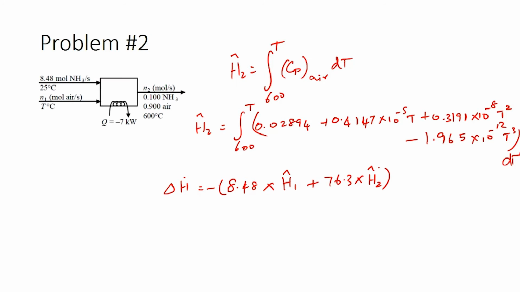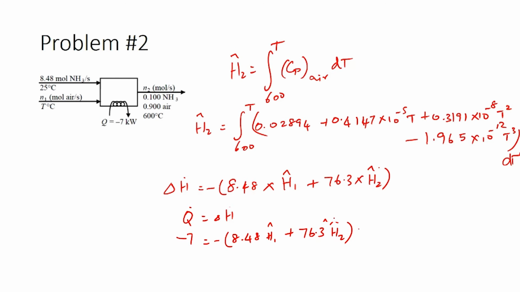So, with this particular equation we can substitute it back into the general energy balance equation we had, which was Q dot equals delta H dot. So, Q dot which was identified as minus 7 equals minus 8.48 H1 cap plus 76.3 H2 cap.